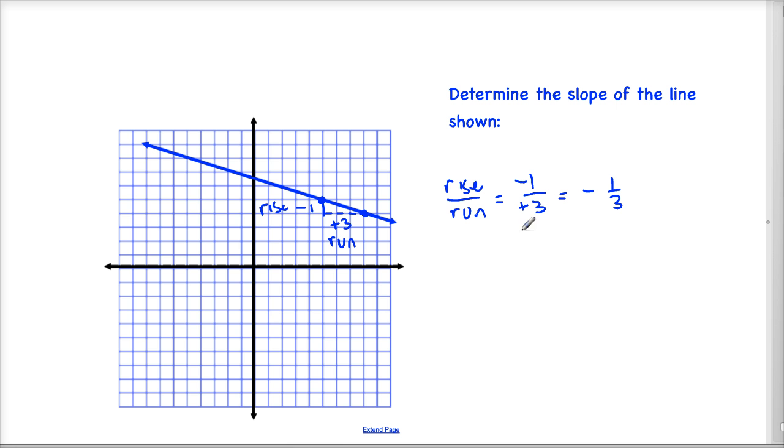So that's my slope in this case. Slope equals -1/3. All right, so that's one way to do it. You basically draw dotted lines to determine how to go from one point to the other. Use nice points at convenient locations, and you just compare your rise over run.